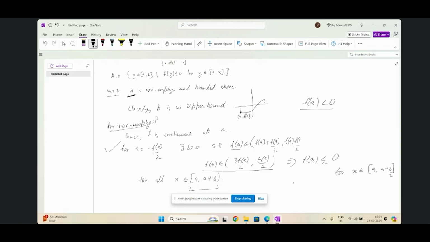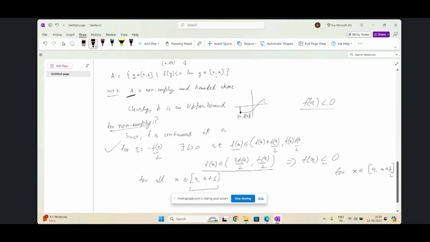Yes, I can do that. Since f(a) is less than 0 and f(x) belongs to that interval, and 3f(a) by 2 and f(a) by 2 are negative numbers, it implies f(x) is less than or equal to 0 for x belongs to [a, a plus delta by 2].